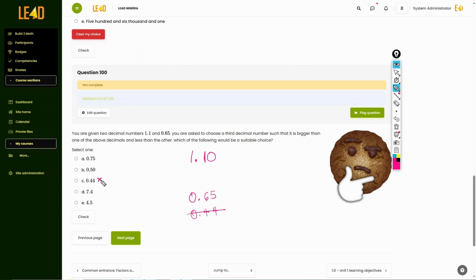So I put an X here. 7.4 is greater than 1.1, so it's also wrong. 4.5 is greater than 1.1, so it's wrong. 0.5 is smaller, so it's also wrong. The only number that fits is 0.75 because it's between both of them. It's bigger than one but less than the other. So the correct answer is 0.75.